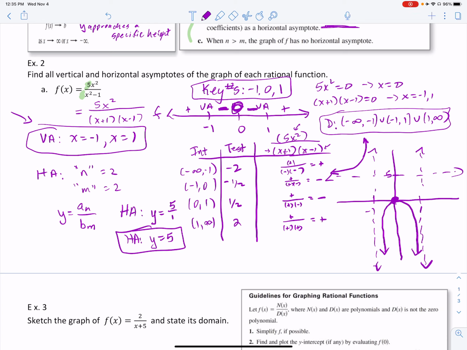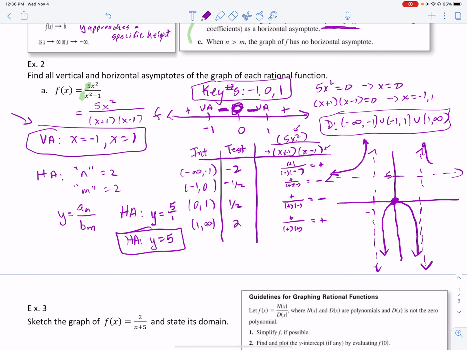And on the right of -1, since the function is negative, and that's a vertical asymptote, y has to be going to negative infinity. And on the left side of +1, since the function is negative, y has to go to negative infinity there. And to the right of 1, since the function is positive, y has to go to positive infinity. And then since the horizontal asymptote is 5, the function has to follow it there.